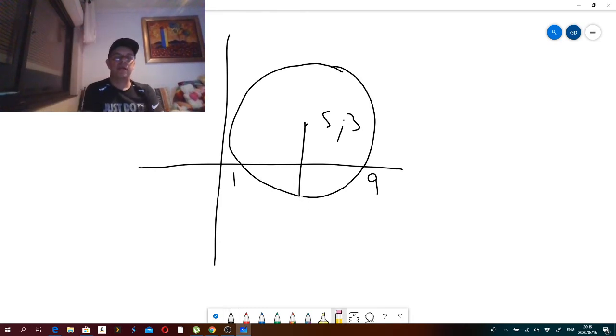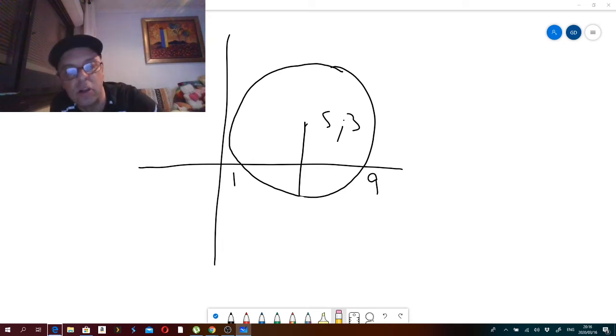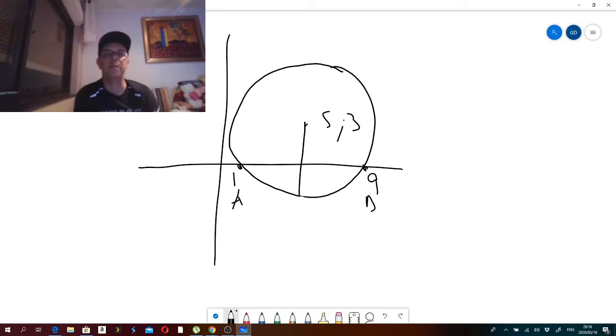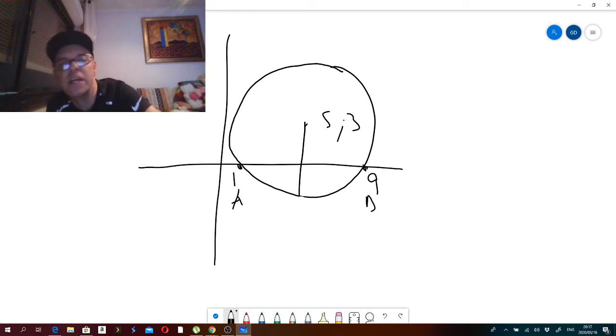Now, since it is perpendicular, it must be perpendicular to the x-axis, because the line AB runs along the x-axis. So that was A and that was B, these points over here. Therefore, the radius that is perpendicular must have an infinite gradient. Remember that for the x-axis gradient, the change in x would be 9 minus 1, which is 8, but the change in y would be 0.